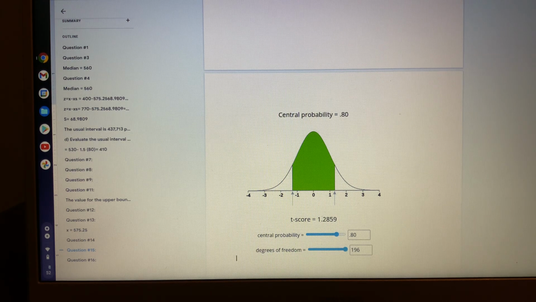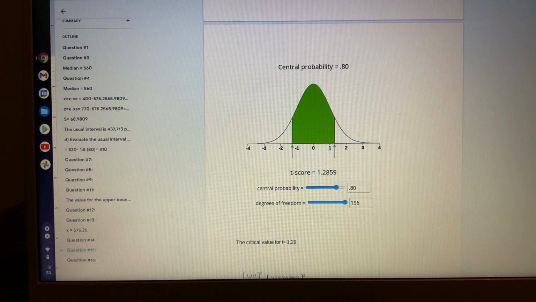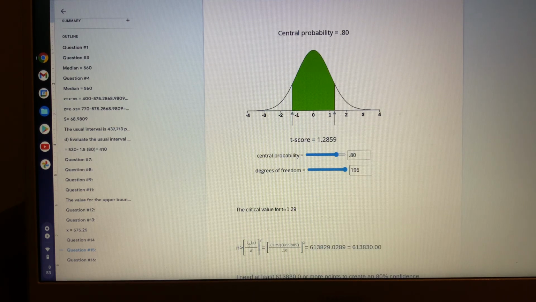And again, I use that applet graph to give me the information that I needed. Once I ran it with the 0.80 and the degrees of freedom, the t-score was 1.2859. I rounded it, and the critical value for t approximately turned out to be 1.29.